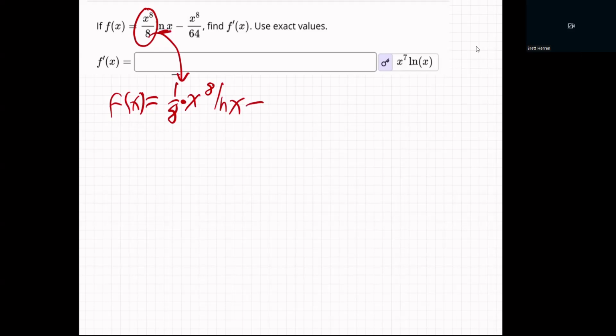And then here I'm going to rewrite this x to the 8th over 64 as 1/64th x to the 8th. Why am I doing that? It's going to make the derivatives so much easier. Fractions are a big pain because you have to use the quotient rule. You don't want to take the derivative of a fraction. Yeah, but it's still a fraction here.